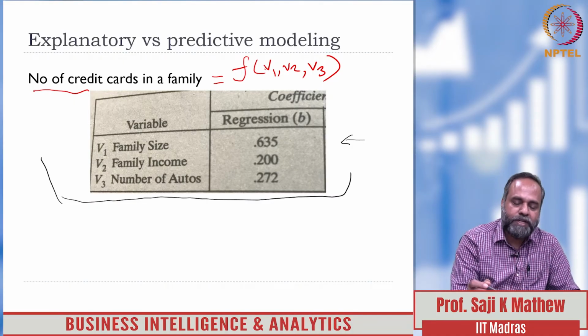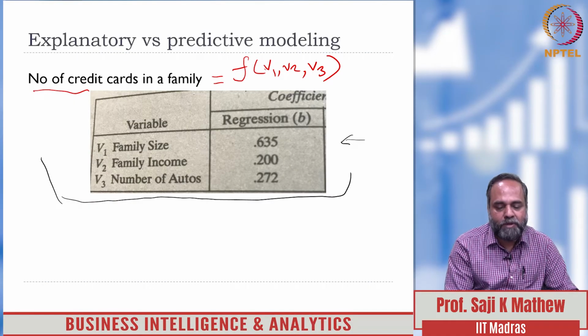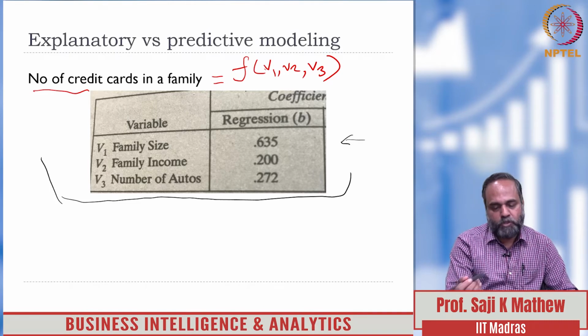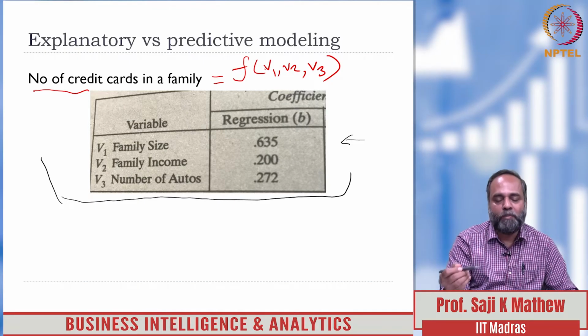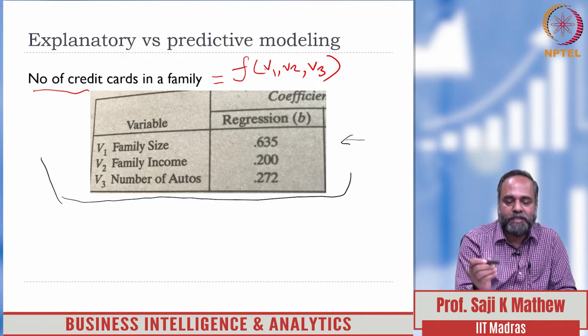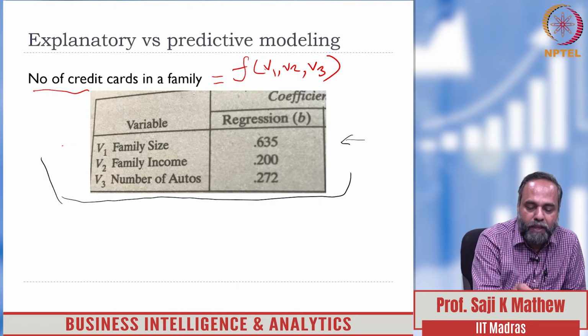As we discussed, they identified the variables, collected data possibly through a household survey, and built the model. So we just saw how a model is built. They estimated the model parameters.